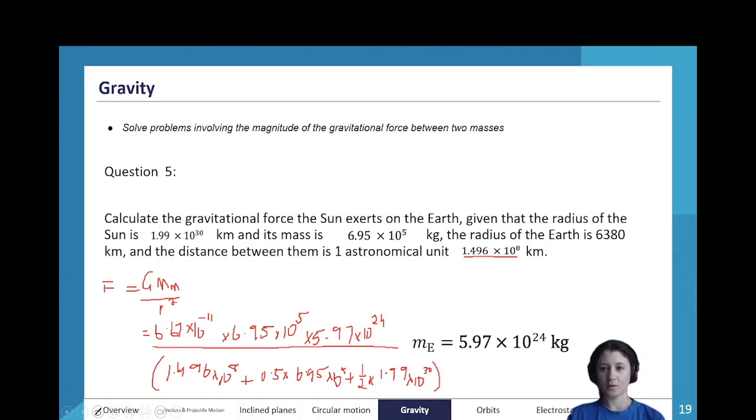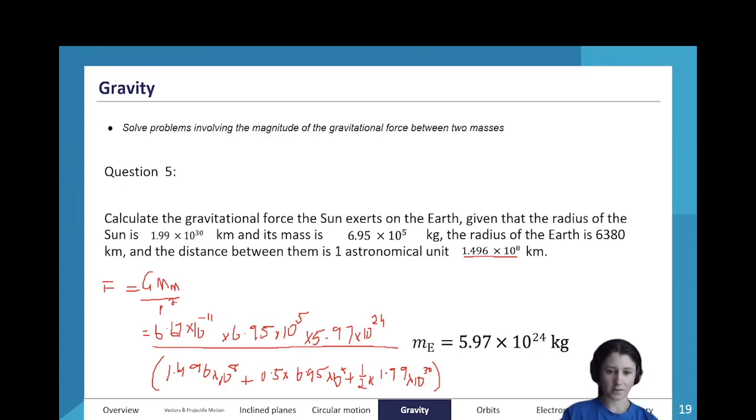Alrighty, let's figure that out now. So we have 6.67 times 10 to the negative 11 multiplied by 6.95 multiplied by 10 to the 5, 5.97 times 10 to the 24, and we're going to divide that by 1.496 times 10 to the 8.